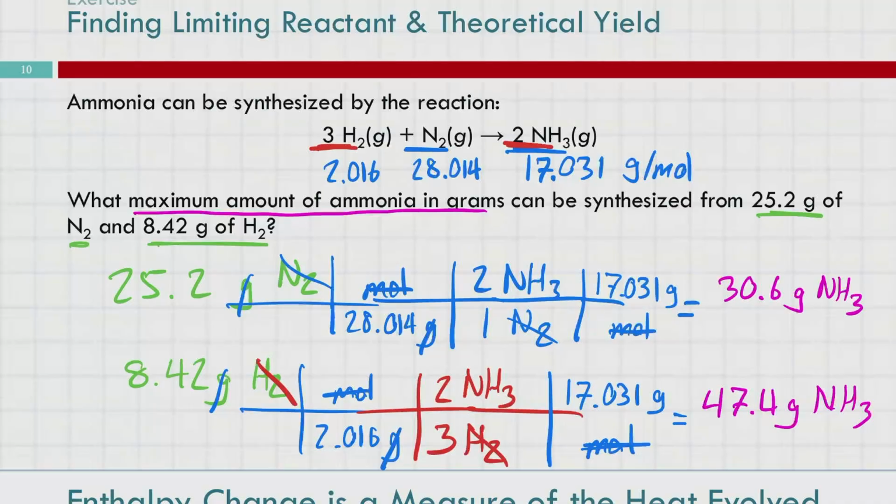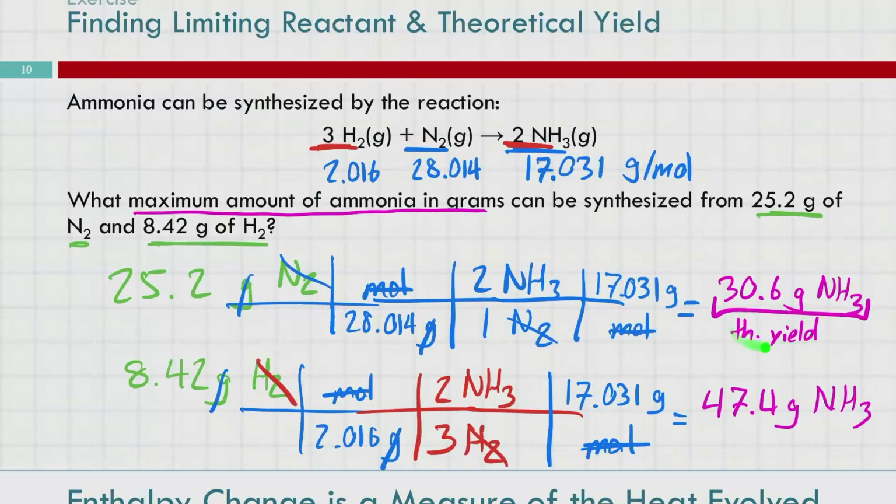Which of these is the maximum amount that we can make? It is the 30.6. This is our theoretical yield. That's the actual maximum amount that we can make. It's not the bigger of the two numbers. It's this 30.6 because our nitrogen will run out. We don't have enough nitrogen to make 47.4 grams of ammonia.